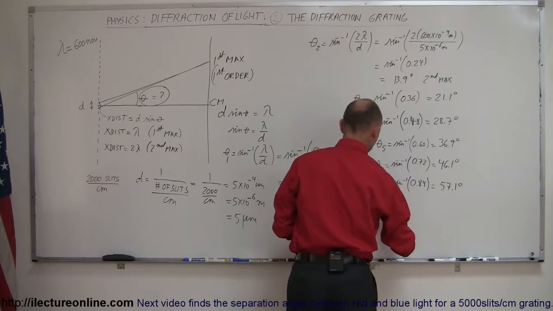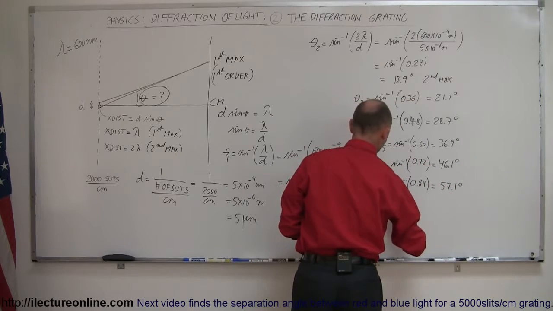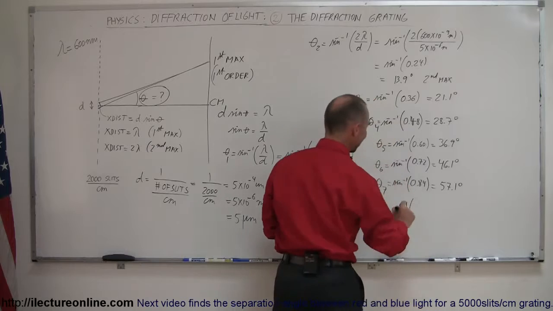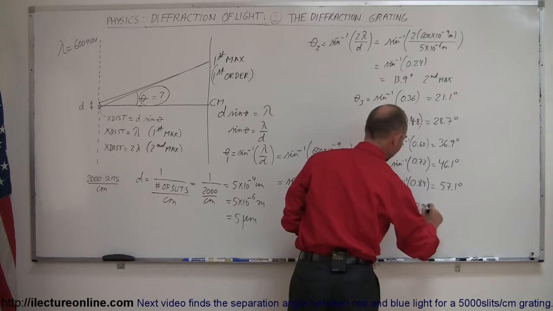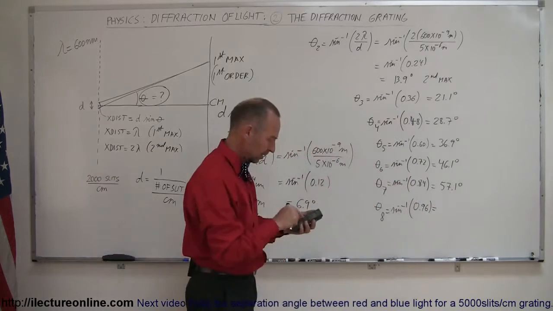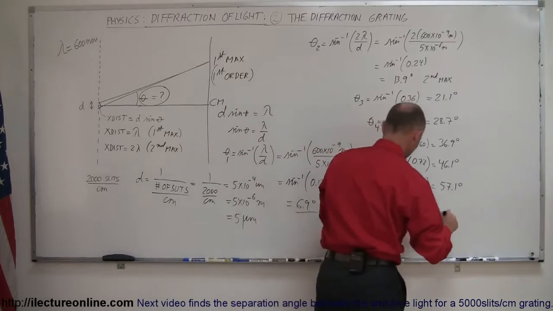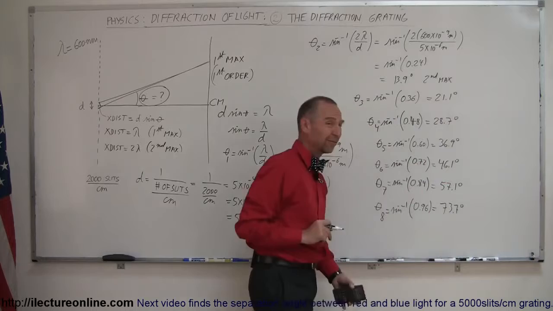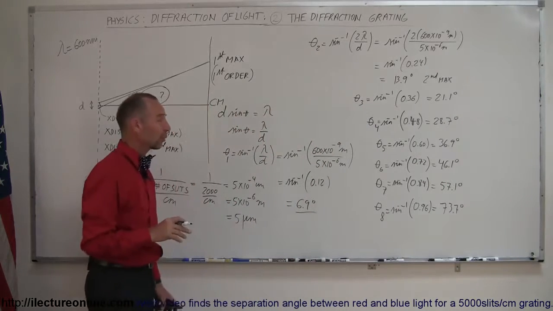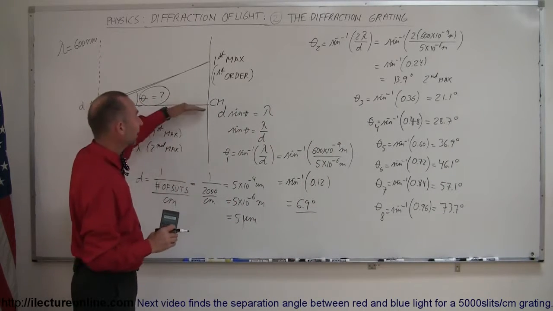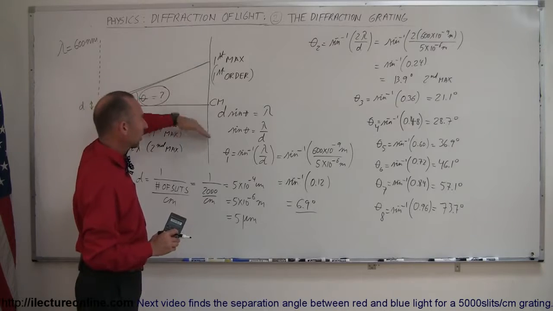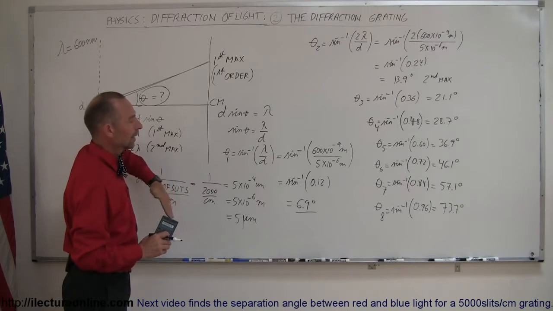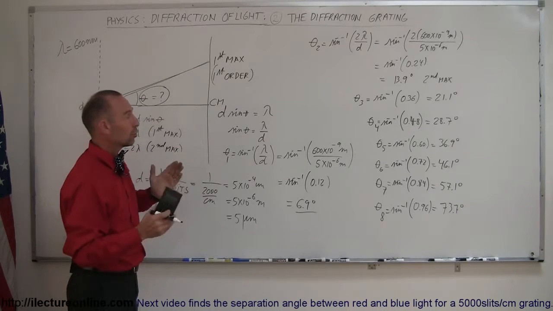And finally, theta sub 8 is equal to the arc sine of 8 lambda over d, which would be 0.96. That would be 73.7 degrees. And that's it. If we try to find the very next bright spot, you're not going to find it. So in this case, you will find 8 bright spots on either side of the central maximum. And anything beyond that, the angle is so large that you'll no longer see it.